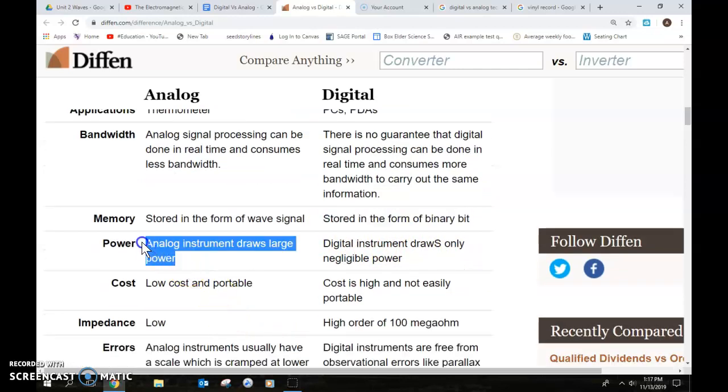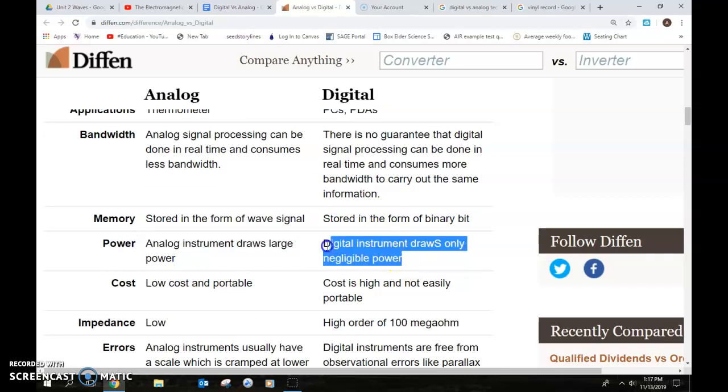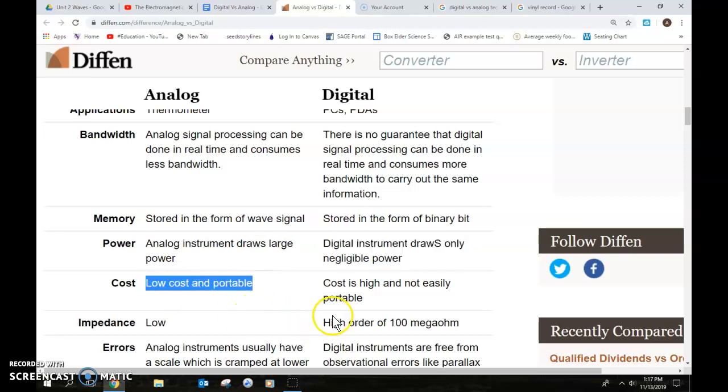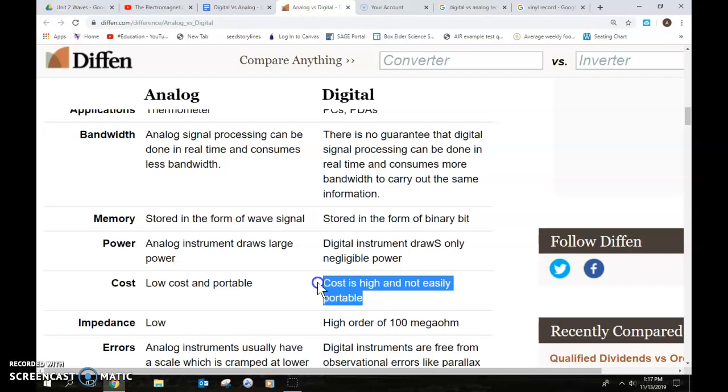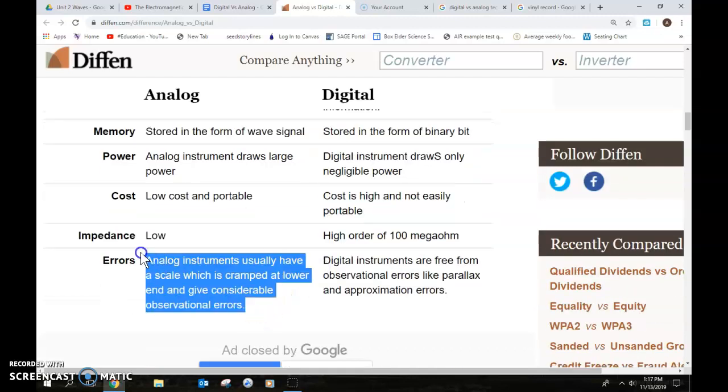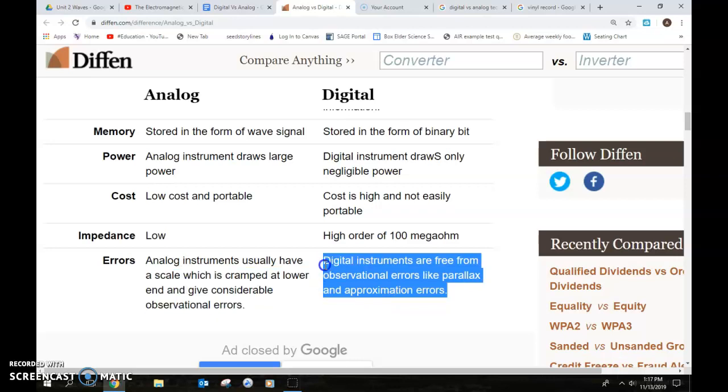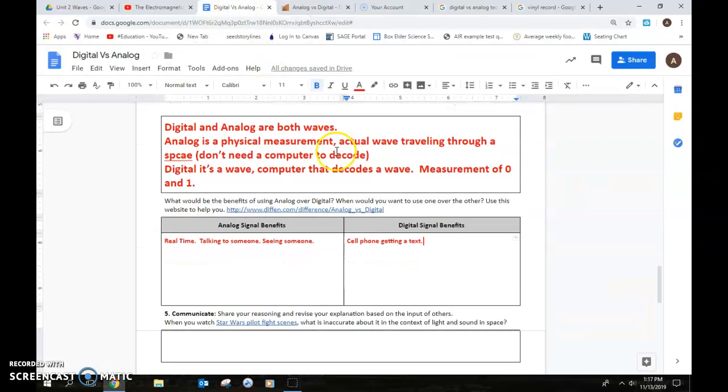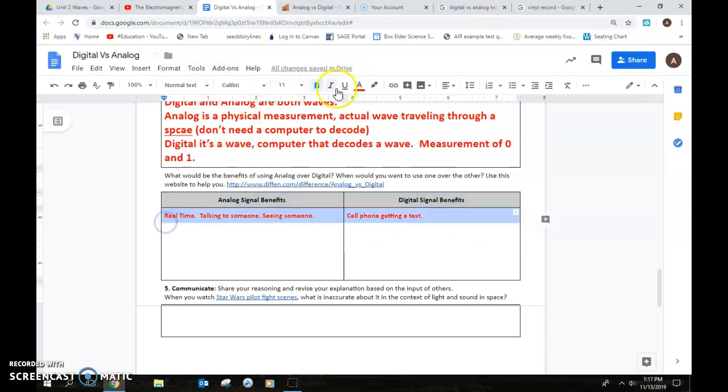Analog does create a lot of power. Digital doesn't take much power because they're dealing with zeros and ones. Analog usually doesn't cost very much because you don't have to pay for a computer to decode it. Digital does cost a lot. Errors, there's a lot of errors in analog. Digital has fewer errors. So some of the important things on analog would be that you have low bandwidth, and it can happen in real time.